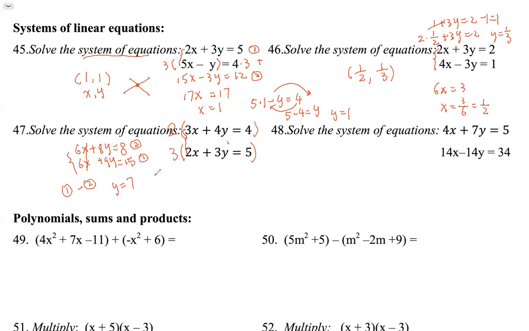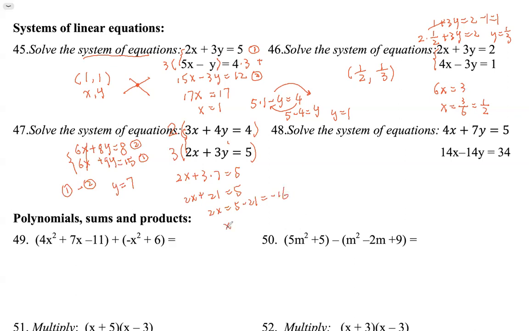So once we have the solution for y, we can substitute into one of those equations. Let's substitute into the second one. 2x plus 3 times 7 equals 5. 3 times 7, which is 21. So 2x plus 21 equals 5. Subtract 21 on both sides. 2x equals 5 minus 21, which is negative 16.